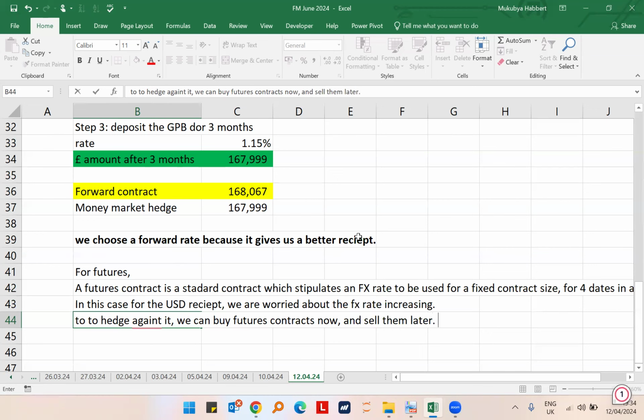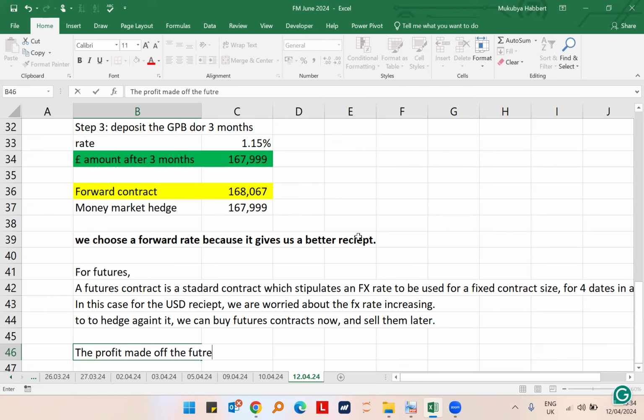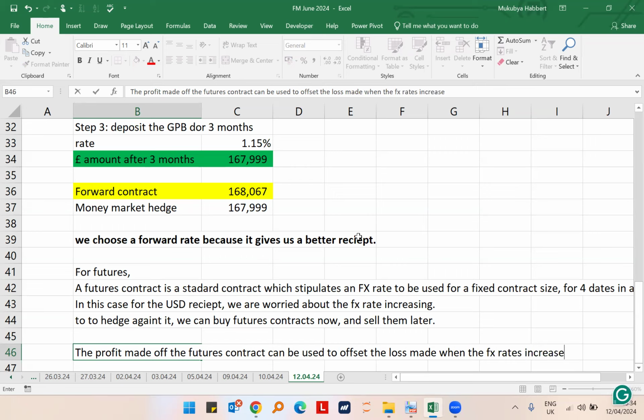So when you sell them later, the profit made on the futures contracts can be used to offset the loss made when the FX rates increase.